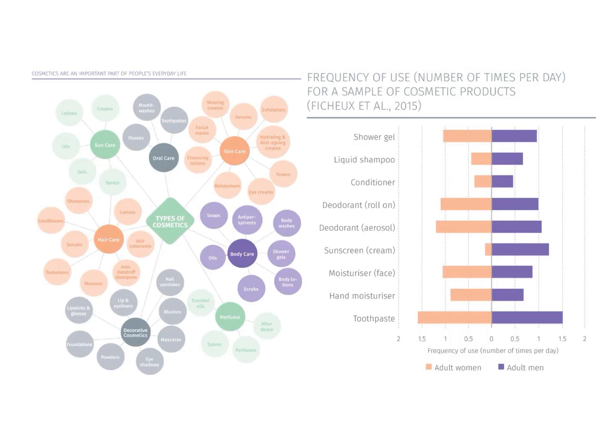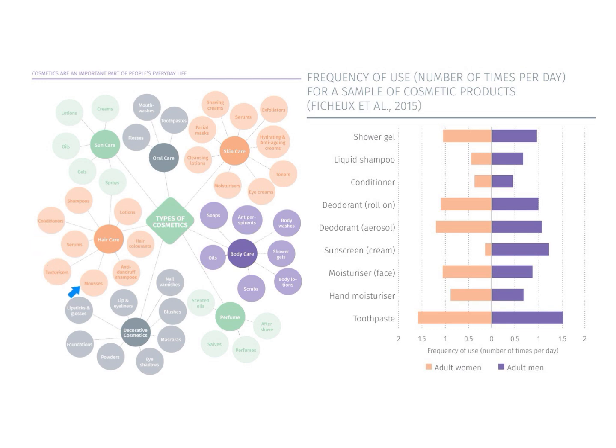So, let's look at the different types of cosmetics and their frequency of use. These are two charts that came from the Cosmetics Europe website. So, it's just the cosmetic products. And when we look here at the different types of cosmetics, it branches out into things like sun care, so lotions and creams, sprays, hair care, right?